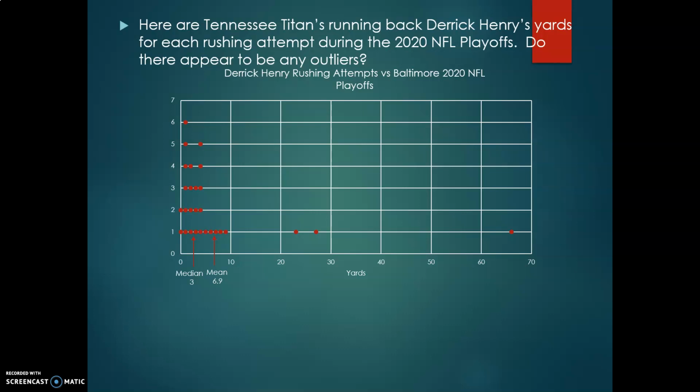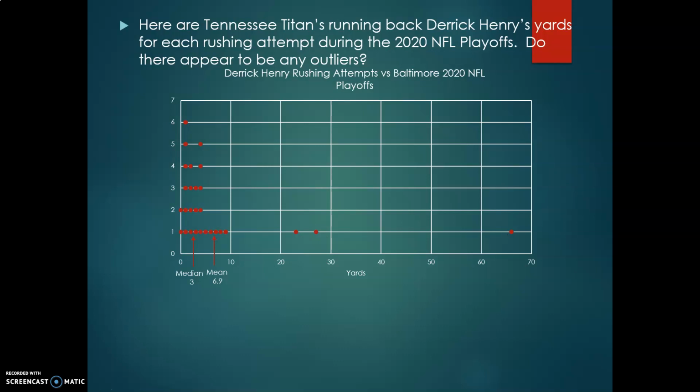So when we look at his dot plot of rushes, these are the number of yards he got in each individual rushing attempt. You can see the vast majority of this data all falls under 10 yards. In fact, all but 3 of his carries fall somewhere between 0 and 9 yards. We have these other 3 points that are in the 20s for 2 of them and over 60 for this third one.